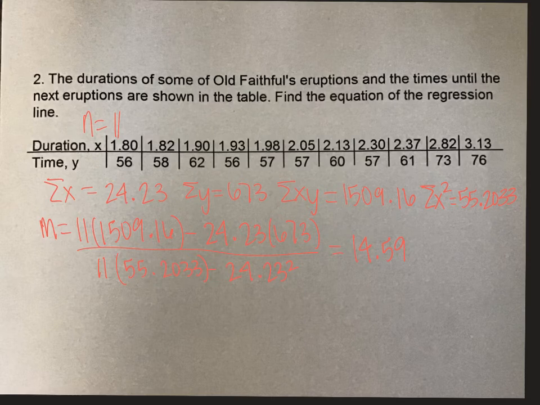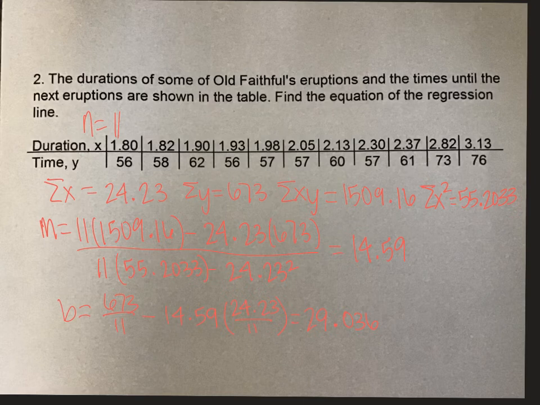And now I'm going to find my y-intercept. So I'm doing the sum of my y's divided by my n value, minus my slope times the sum of my x's divided by my n value, which is going to give me a y-intercept of about 29.036.